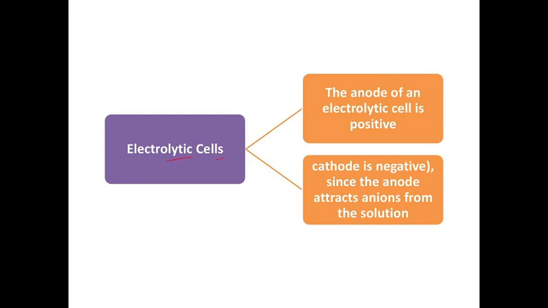If we discuss the electrolytic cell a little: the anode of an electrolytic cell is positive, and the cathode is the negative electrode. Since the anode is positive, it attracts anions from the solution, whereas the cathode is negative, so it attracts positive ions.